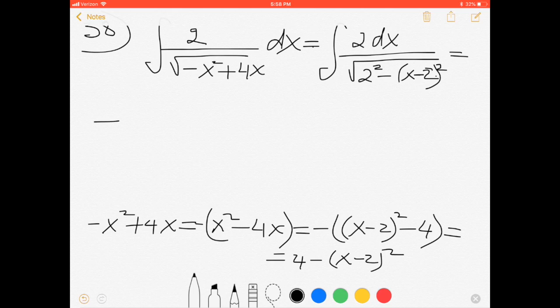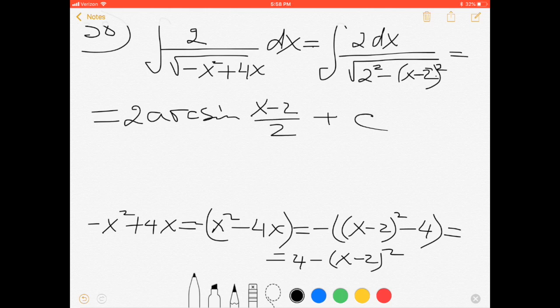Okay, it will be constant minus function inside the root, that means arcsine. And here I have twice because we have two as the coefficient. Remember, in the arcsine formula you don't have any coefficient in front. And here we have x minus 2 over 2 plus c. We finish. Okay.